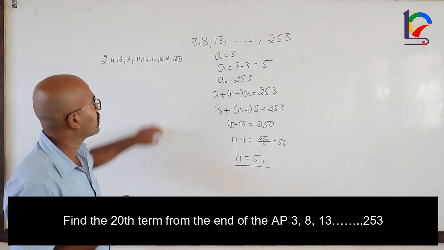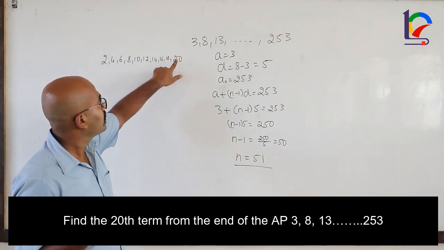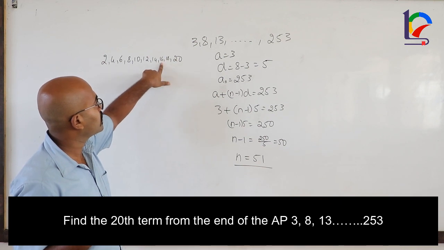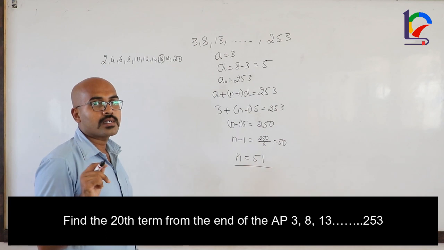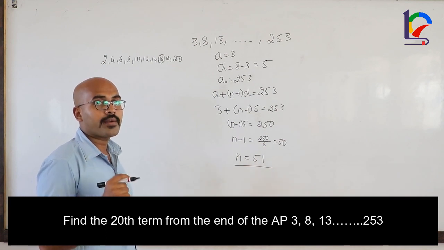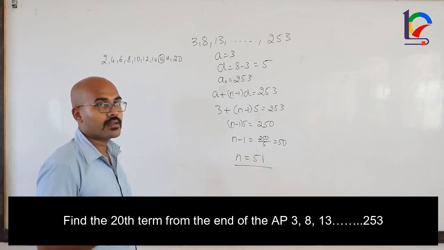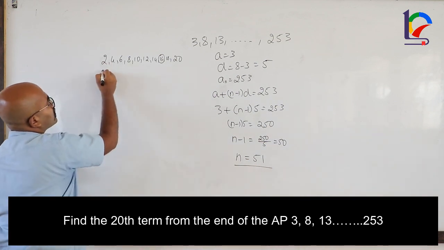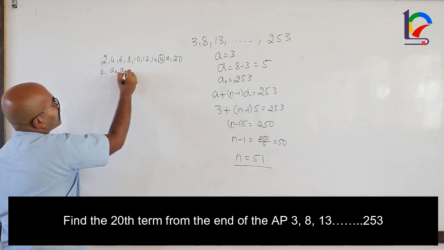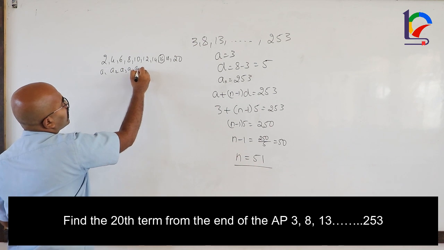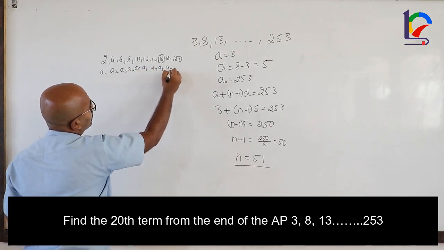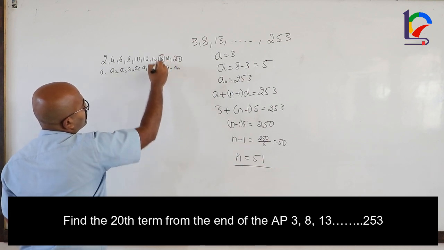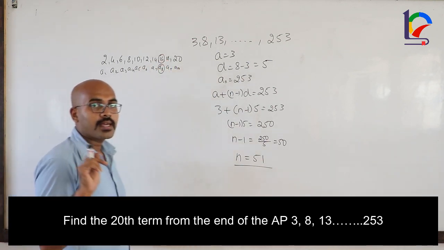Do that manually. This is the first term, second term and third term from the last. So what will it be from the beginning? This is A1, A2, A3, A4, A5, A6, A7, A8, A9 and A10. So the third term from the last will be the 8th term.